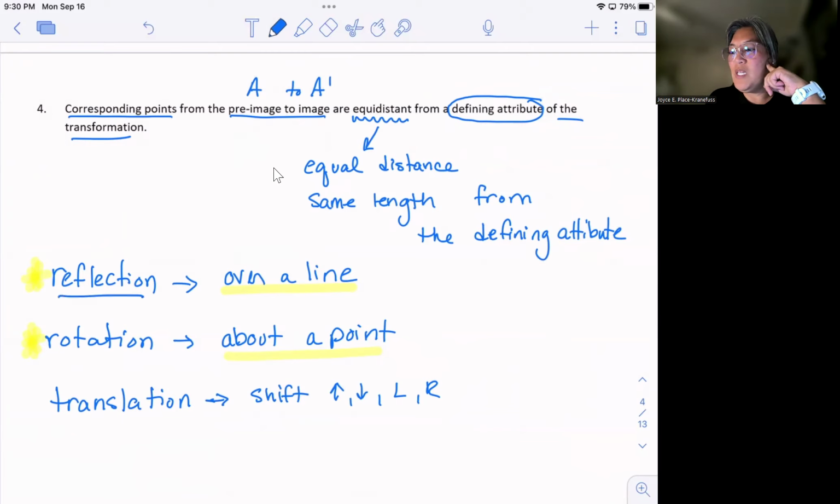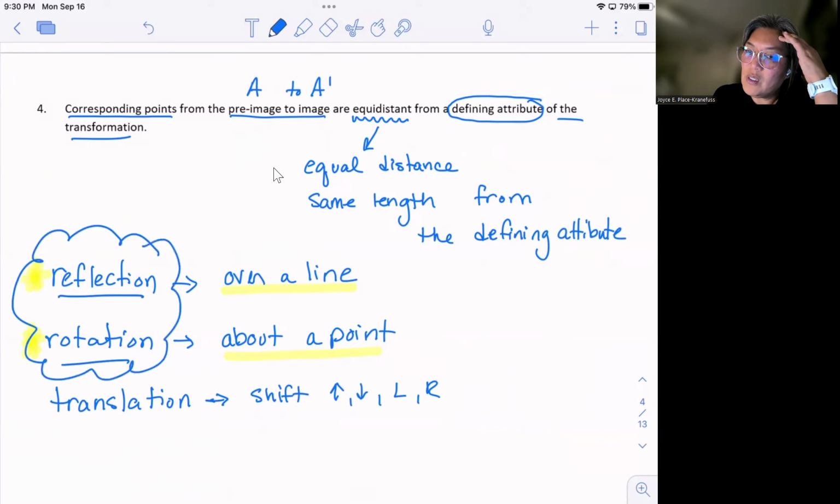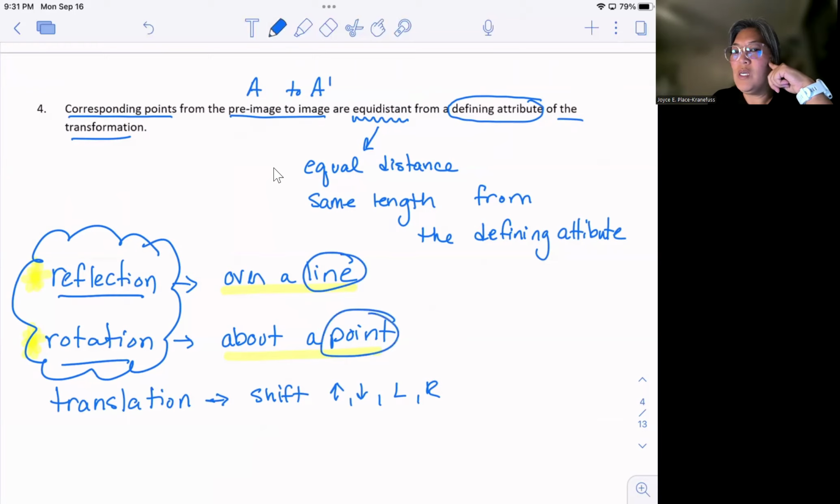Do you need to be equidistant from the line and the center for a reflection and rotation? Yes. So this actually has two answers, both the reflection and the rotation. The image and pre-image are equidistant from the defining attribute. What's the defining attribute of a reflection? A line. What's the defining attribute of a rotation? That point. Translation, it doesn't happen that way.